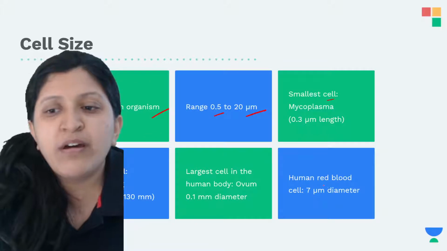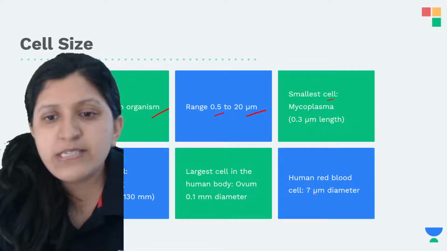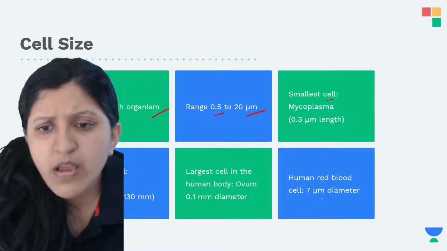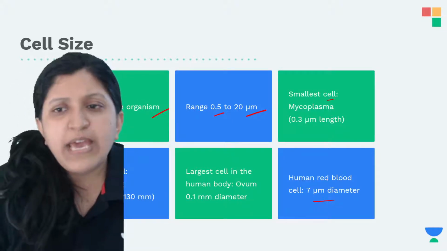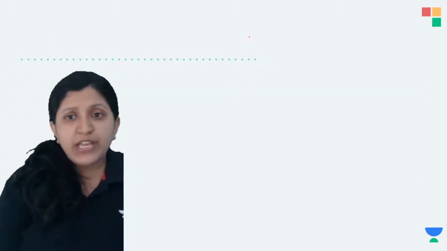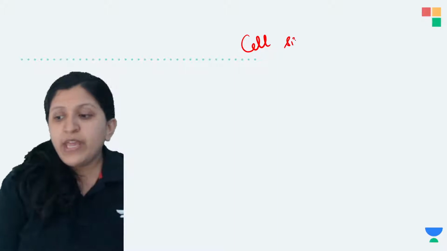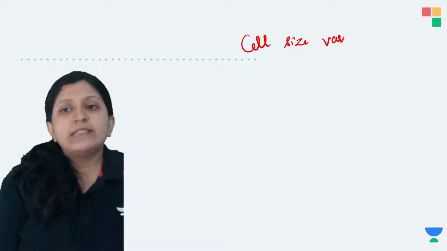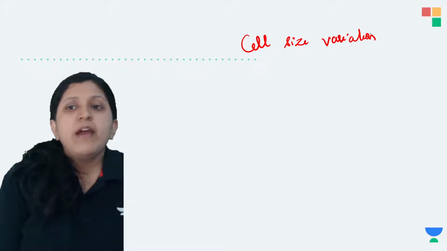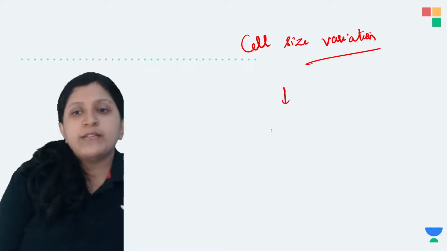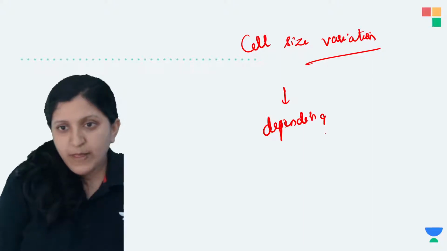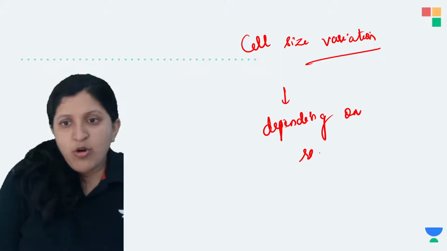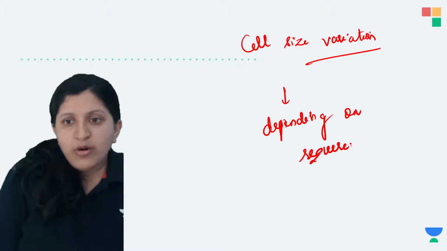The human red blood cell is 7 micrometer in diameter. So you can see these are the cell ranges. The cell size variation depends on the function and the requirement.